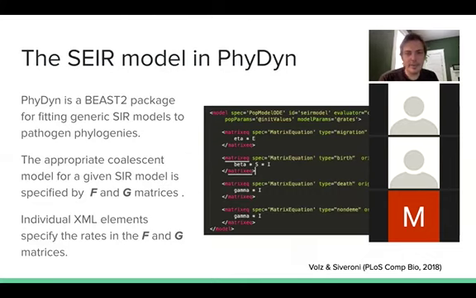So there's this relatively new phylodynamic package for BEAST2 called PhyloDyn that was developed by Erik Volz and Igor Siveroni at Imperial College London.